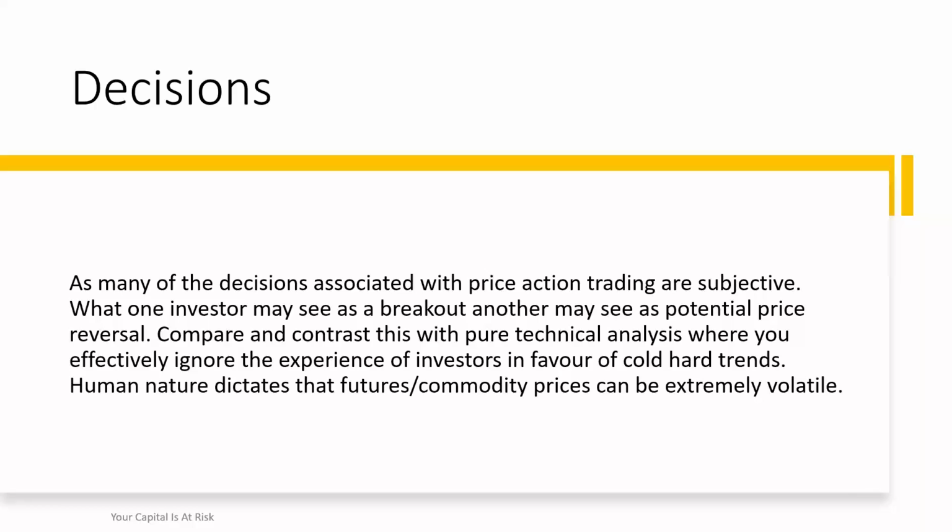Compare and contrast this with pure technical indicators or analysis, where you effectively ignore the experience of the investors in favor of cold, hard trends. In other words, pure technical analysis is what most black boxes and most robotic trading are based on, because they are completely rule-based.